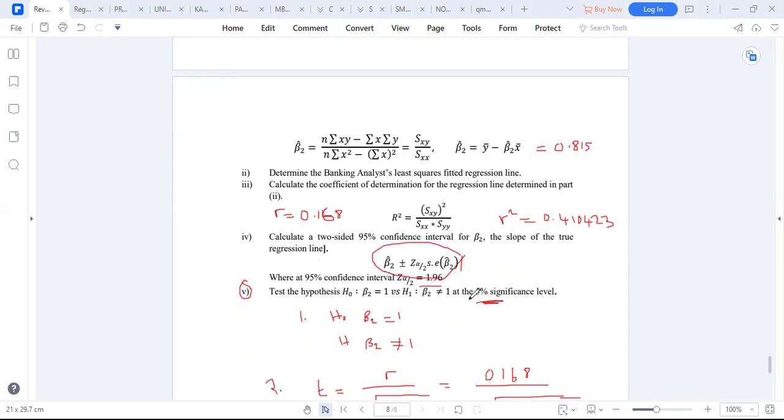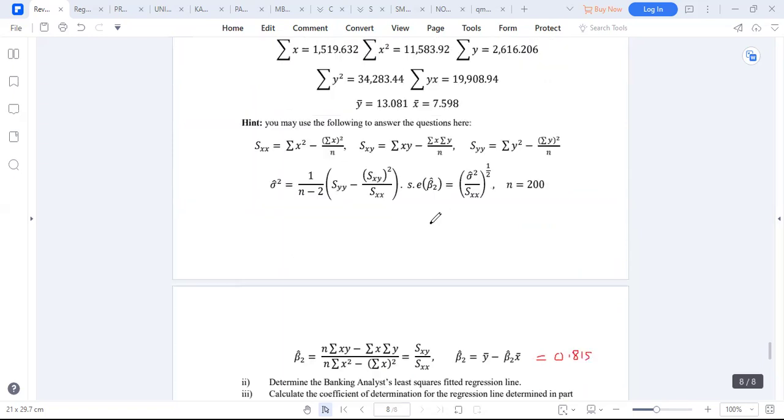Where there's B2, put 0.815. Then the Z has already been given as 1.96 for 95%, so we put 1.96 here. Then B2 is 0.815 again here. The issue now is calculating the value of the standard error.